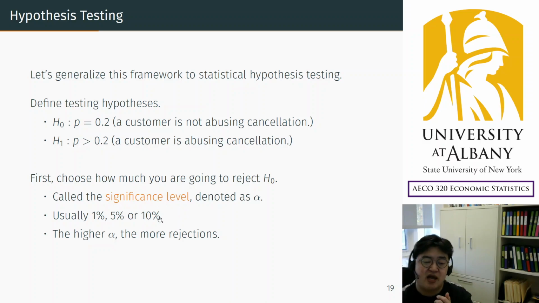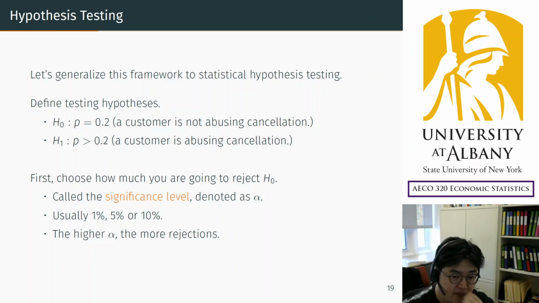Anyhow, the name significance comes from the fact that your decision treats probability smaller than this threshold as insignificant. That is the basis of your decision. In other words, if you increase the significance level, you are going to ignore more, or sacrifice more innocent customers.